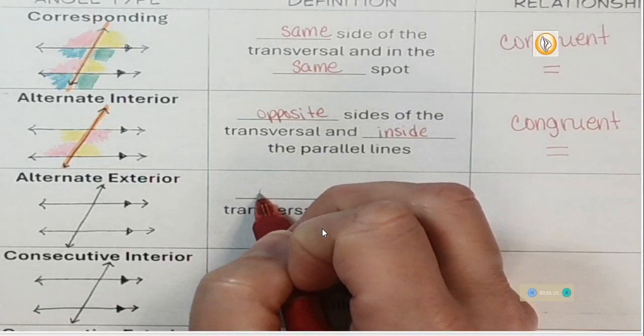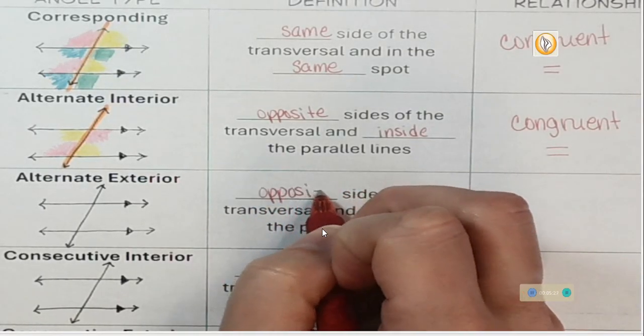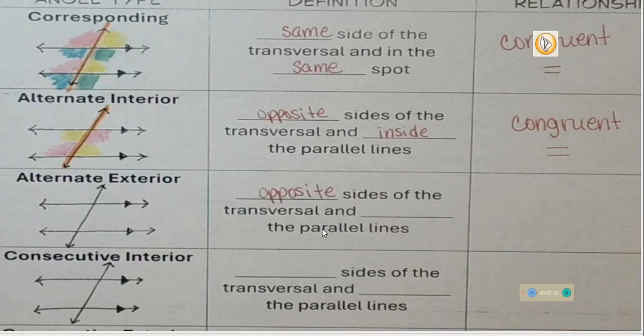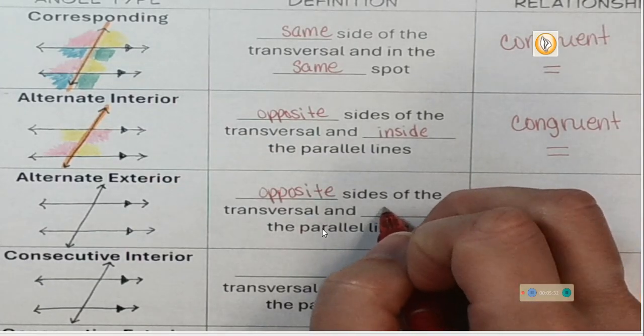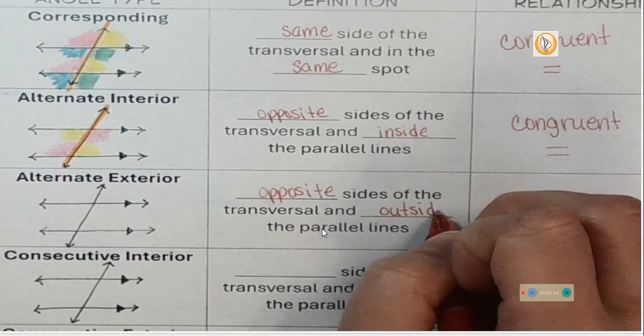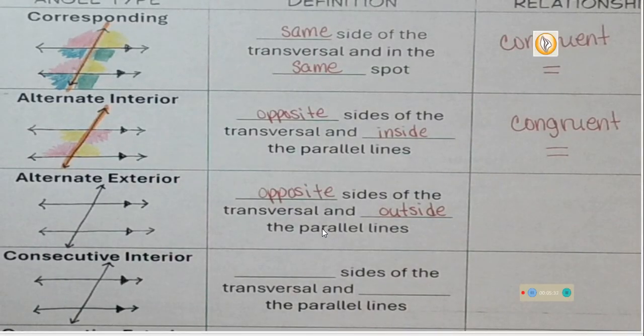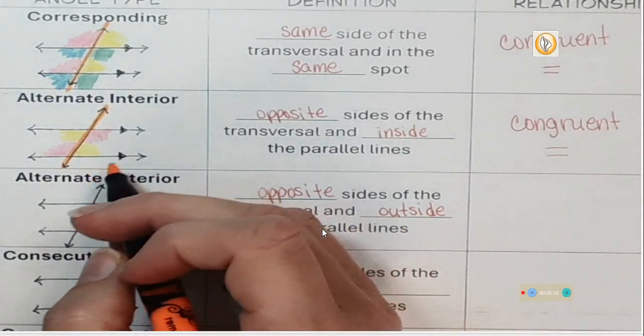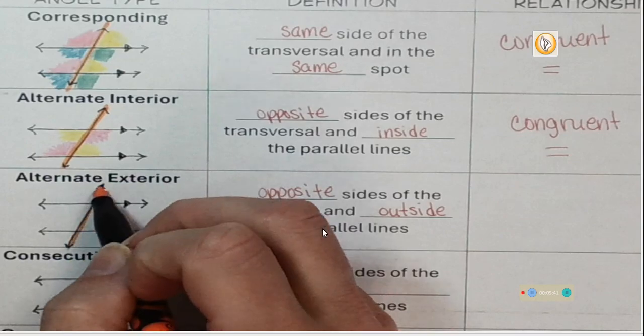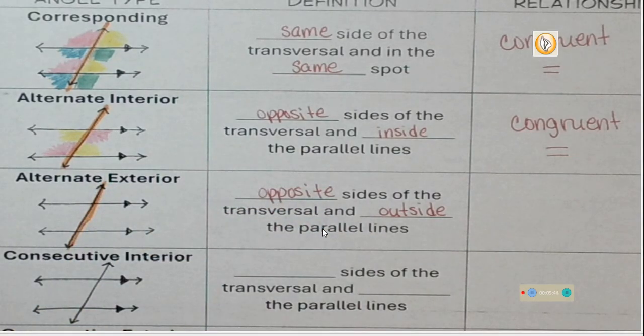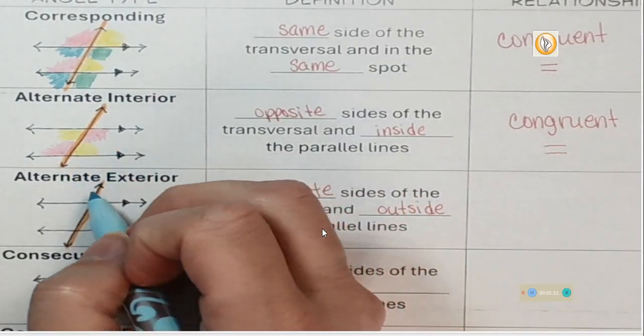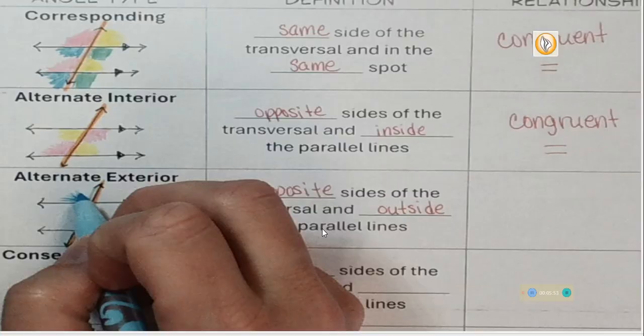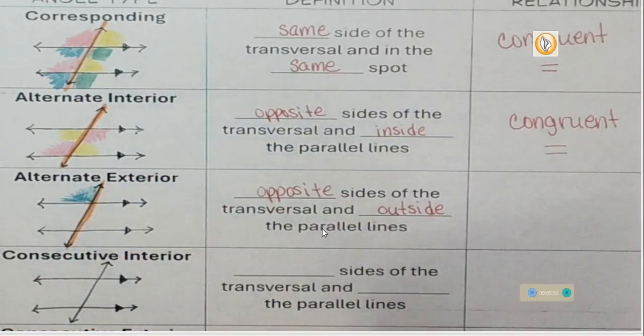Alternate is opposite sides of the transversal, and if it is exterior, where is it located? Outside the parallel lines. So I got my transversal. Because it is alternate, one has to be on the left, one has to be on the right. If I start with this angle, it is exterior and on the left, where's its alternate exterior going to be?